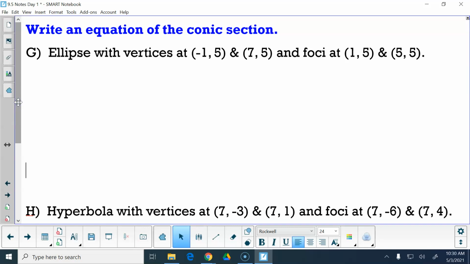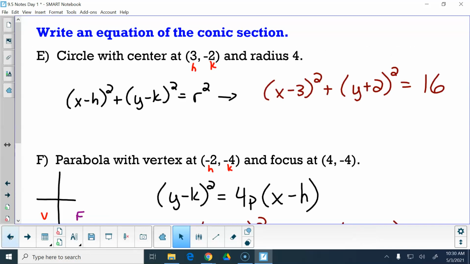Okay, go for it. Find me the equation of the ellipse and the equation of the hyperbola. Actually, tap the brakes before that. Let me say one more thing about this. So this is the equation of a circle. If I look at the coefficients, my coefficient there is 1 and my coefficient there is 1.